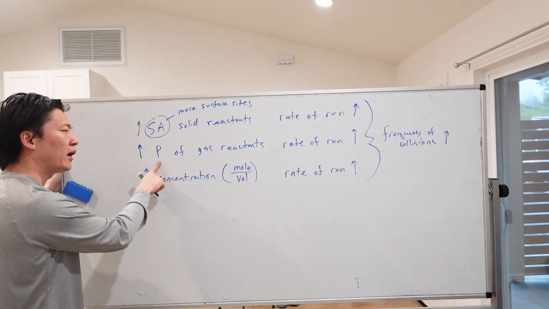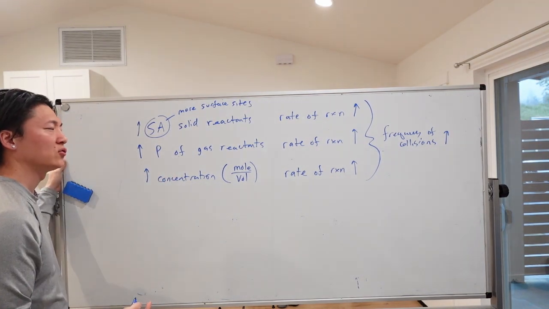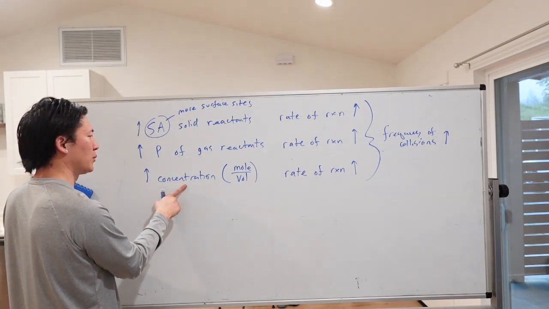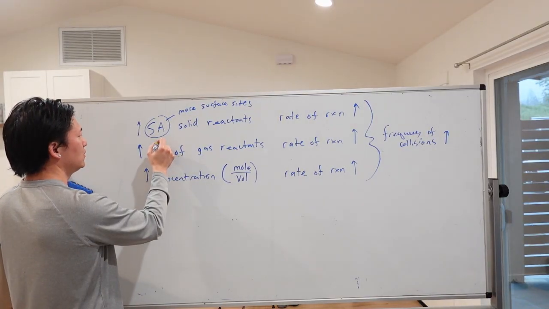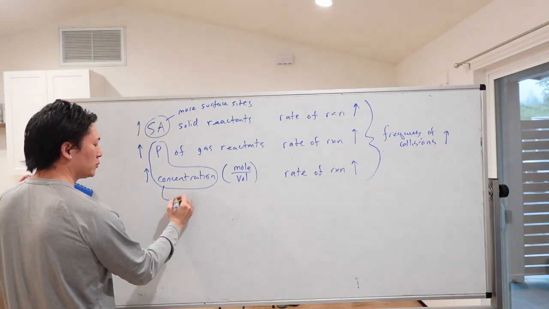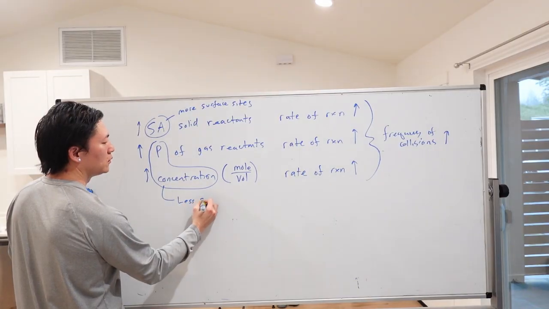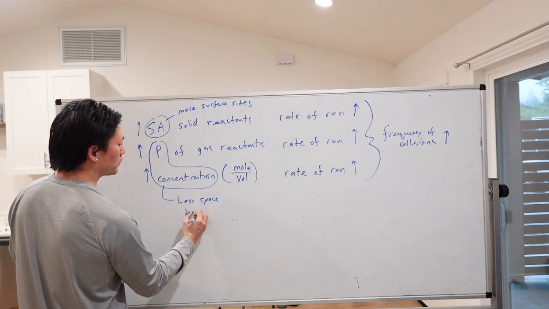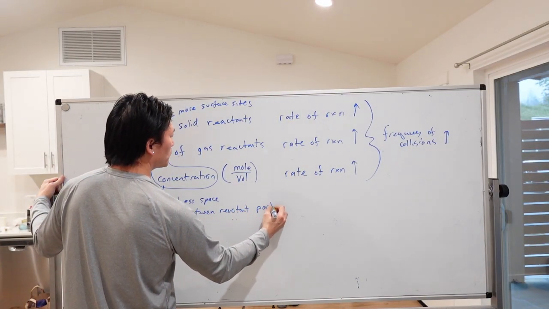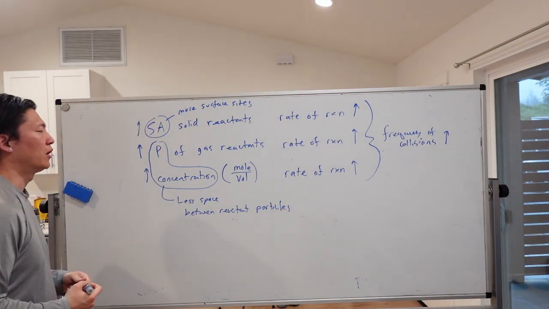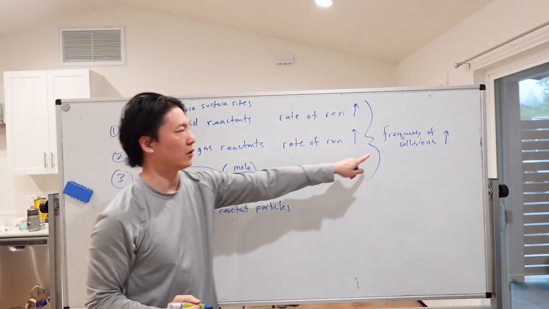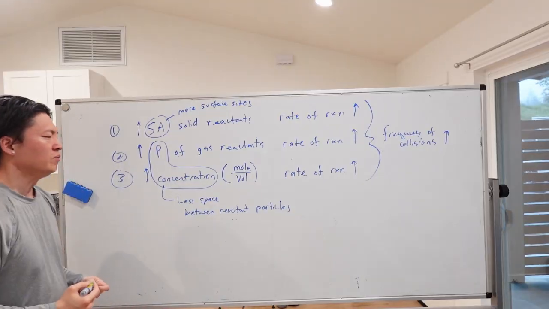And then pressure, why? It's because there's less space between particles actually. And that's the same explanation for concentration too. They're very similar, okay? So for both of these, concentration and pressure, there's less space between reactant particles. So these are the first three, 1, 2, 3. They have a very similar reason why the rate increases.